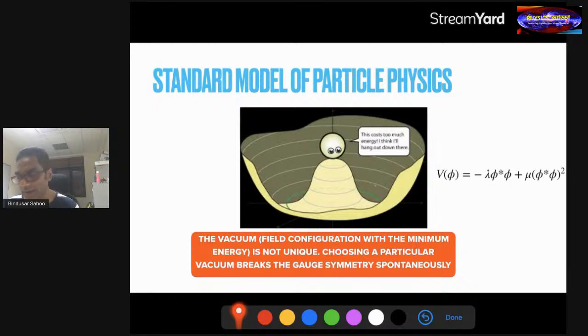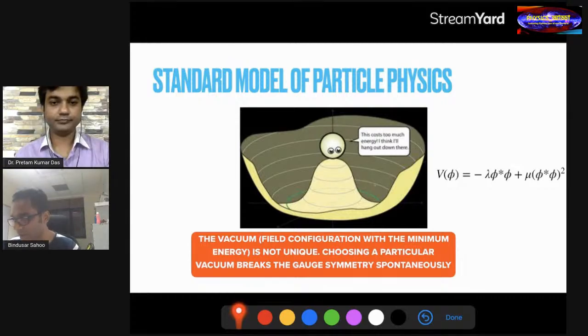But in order to do that, you have to introduce a new field into your theory. And whenever you introduce a new field into your theory, the quanta corresponding to that field will become a particle. So there should be a particle corresponding to this field, and that particle has to be observed.